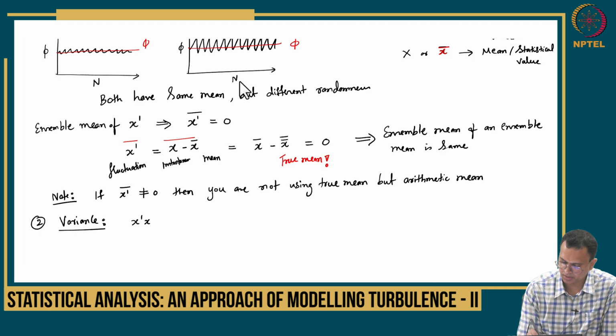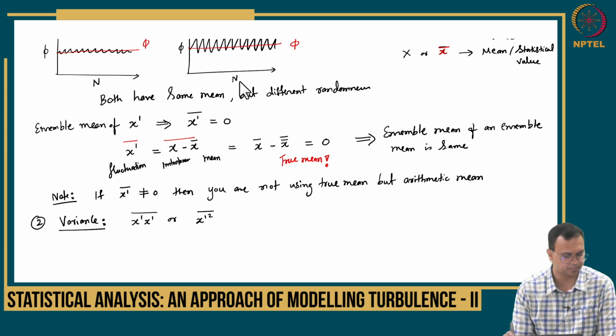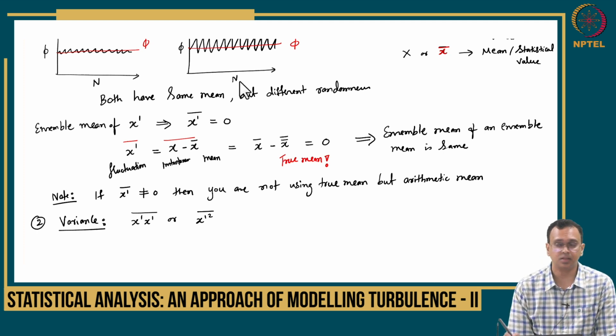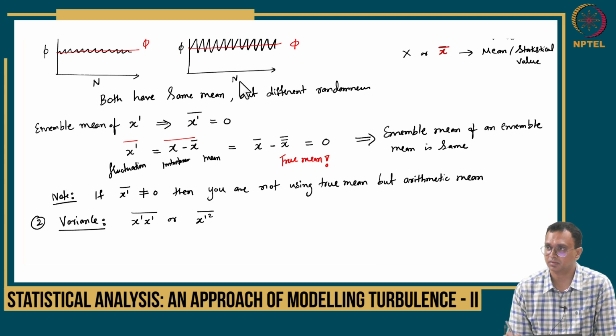Let me call it x prime square over bar. That is in cases where two signals having same mean, I need to look into a higher order term.